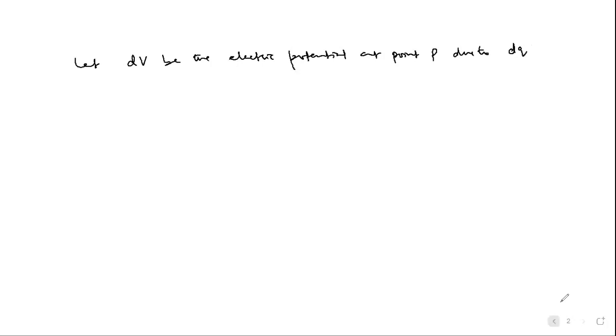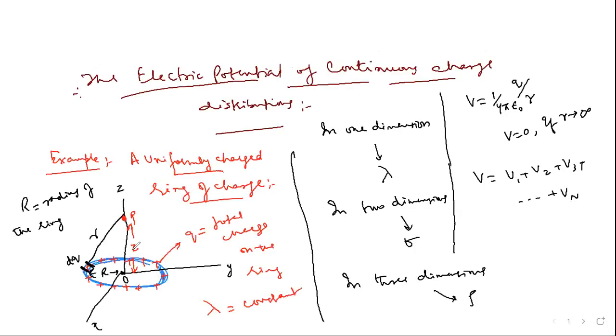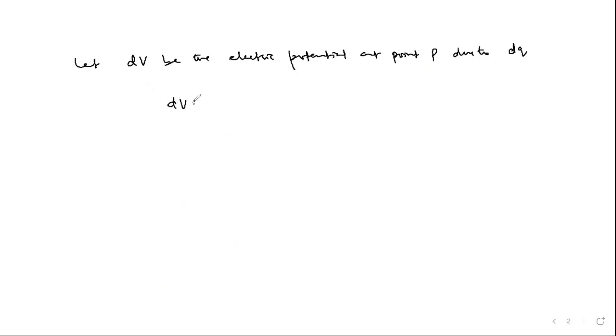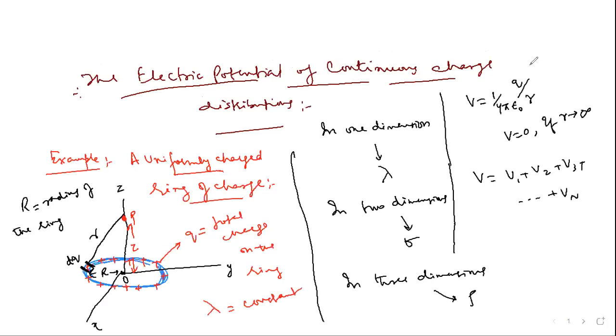That means this portion of the ring. You can use the point charge expression for this. So dV is 1 by 4 pi epsilon naught dq by r. Simple. We have assumed that it is a point charge and made use of this expression. Charge contained in the element is dq and distance of point P from the element is r, right?